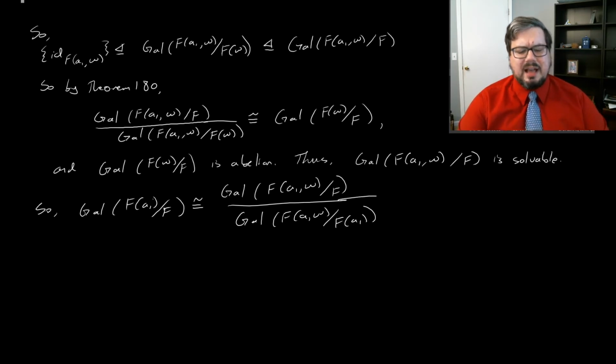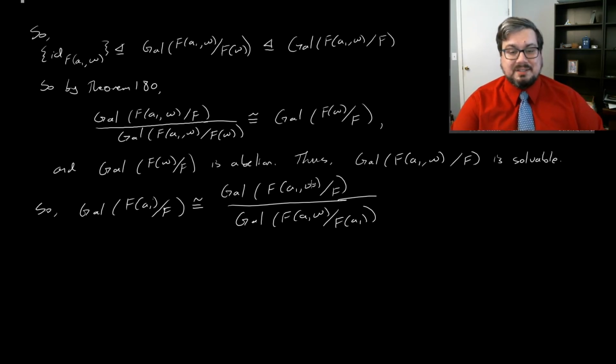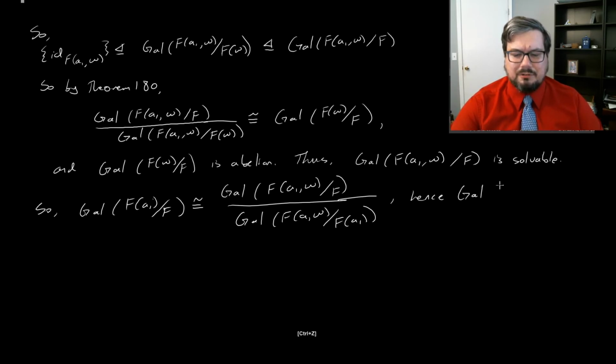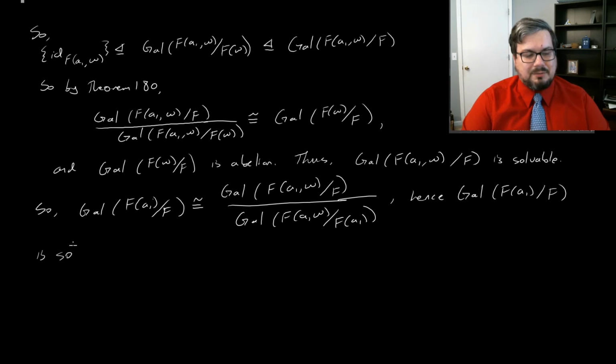And we don't know about the Galois group of F of a1 omega over F of a1, but we don't need to. What we know is that this top group is solvable. And so we have that the Galois group of F of a1 over F is the factor group of a solvable group, and hence is solvable, by Theorem 184.